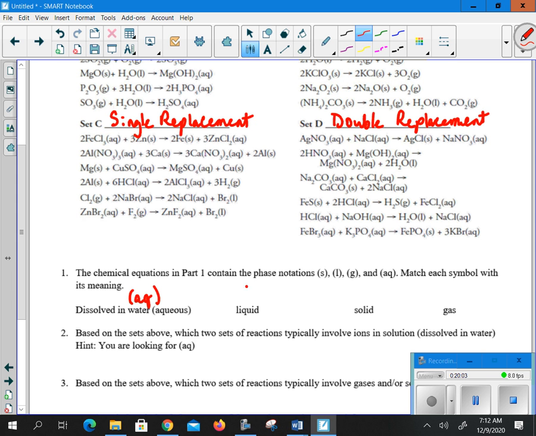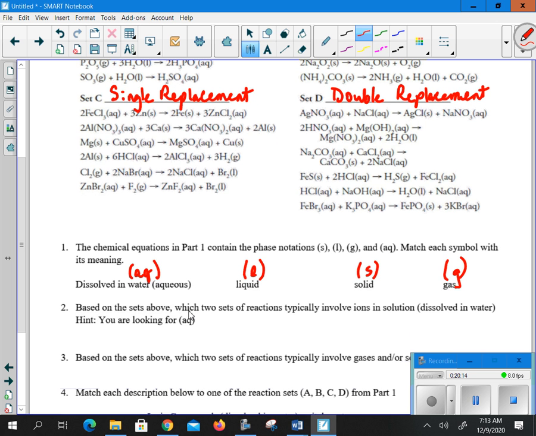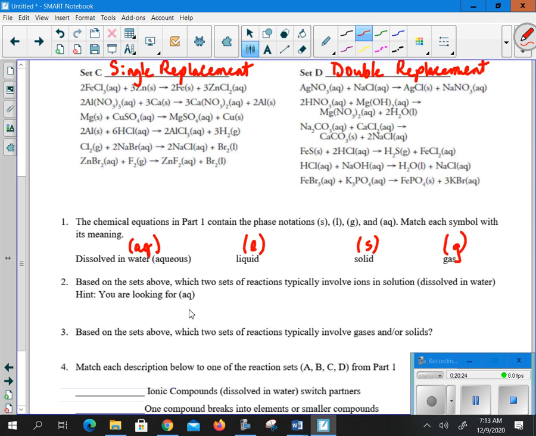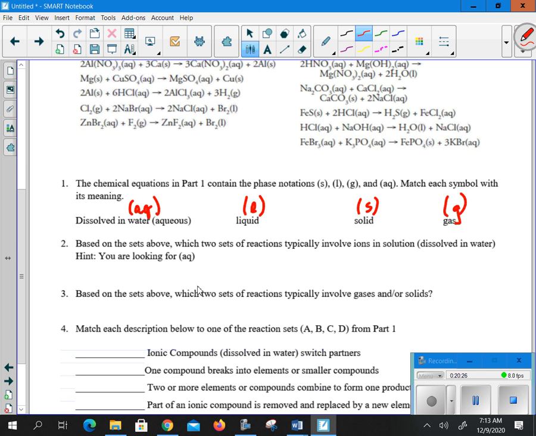The liquid would just be the L, the solid would just be the S, and the gas would just be the G. We talked about what the arrow means: it means yields. We talked about what aqueous means. If you see that, that compound is dissolved in water. We talked about a lot of these as we were taking our notes.